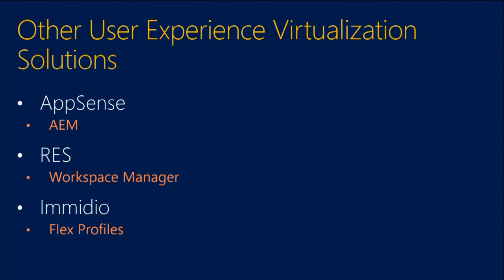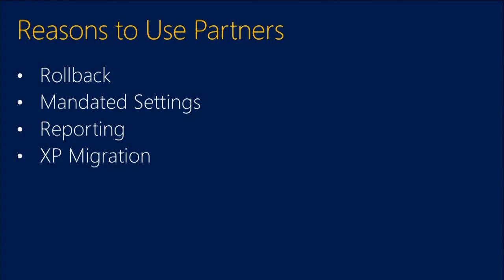Now, why would you want to use a partner instead of UEV? Well, right now, we don't have rollback. We're working on that. We don't mandate settings. A lot of people are asking, can I use UEV to generate a PKGX file and lock that down for individual users? We don't have that, and we would often recommend a partner solution like the three I mentioned in the previous slide.